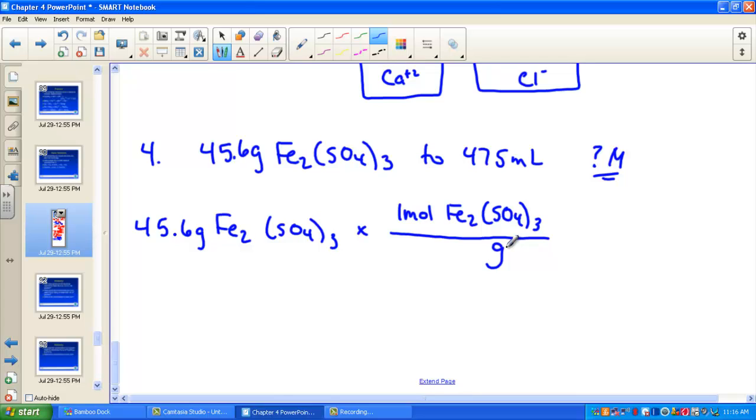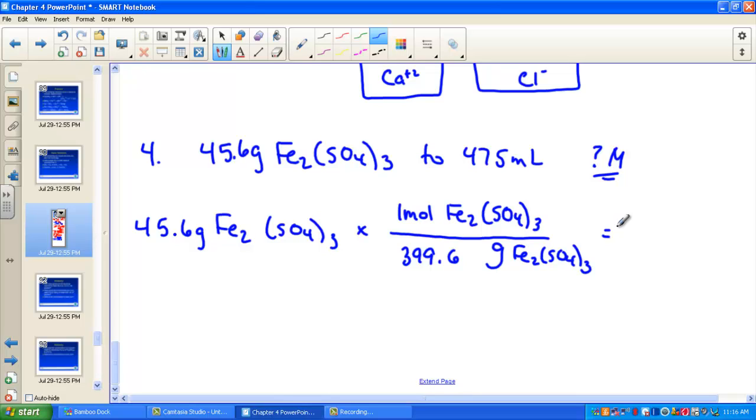Iron is 55.8, and there's 2 of them. Sulfur is 32, and I count 3 of them in this formula. And oxygen has a weight of 16, and we said there are 12 of those. The sum of Fe2(SO4)3, I found it to be 399.6 grams in every 1 mole of iron 3 sulfate.